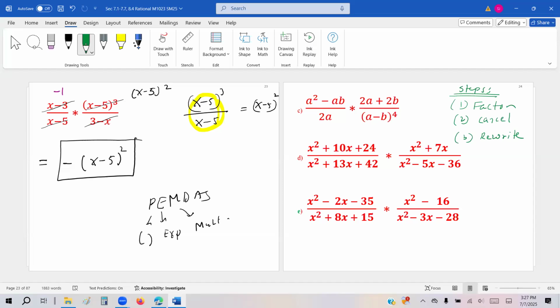Two terms. Right? I think I'm wrong. What do you have?